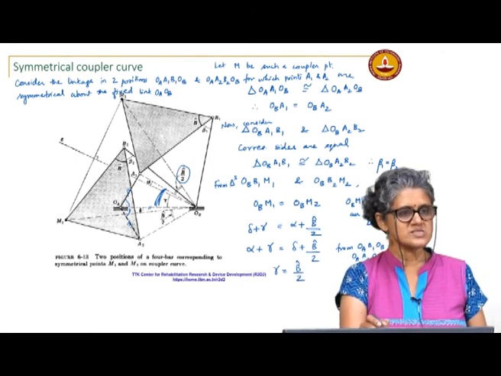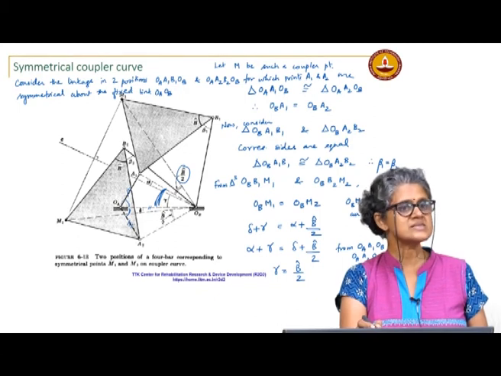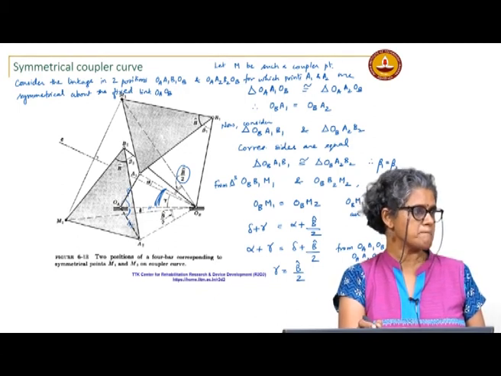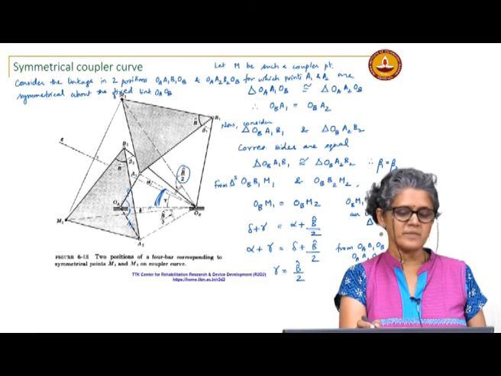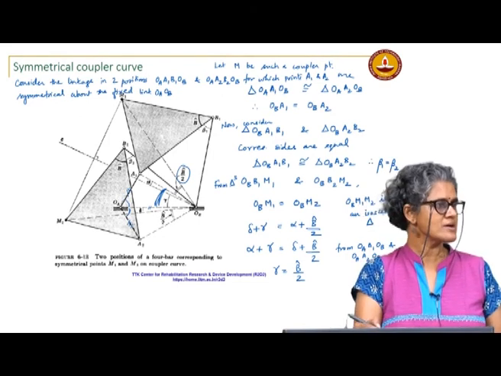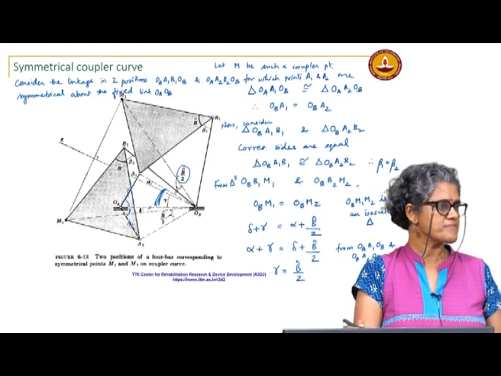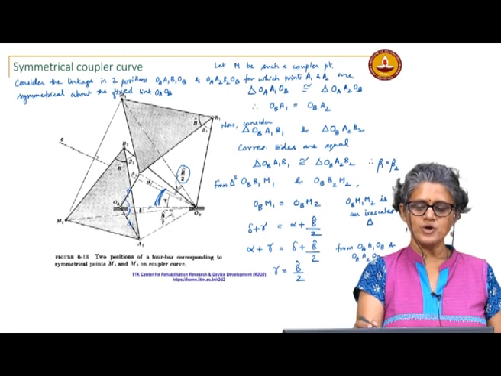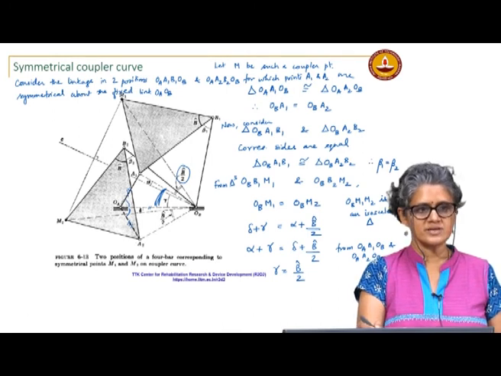B cap is a constant angle. It is not an angle that is varying with time, because B cap basically locates the point M with respect to the coupler base. Since this is a rigid body, this angle is constant.